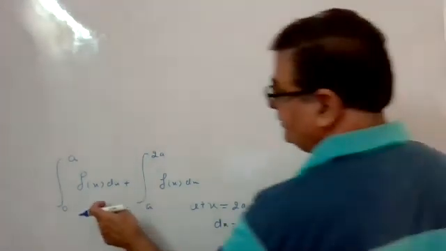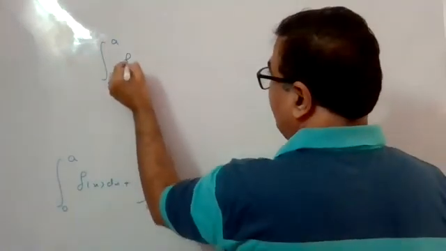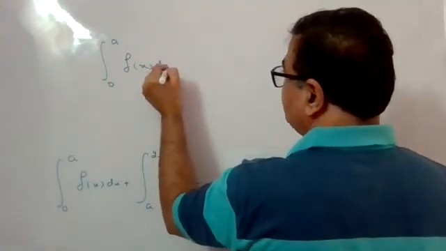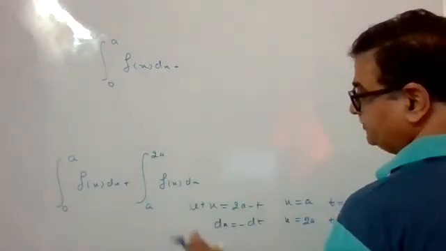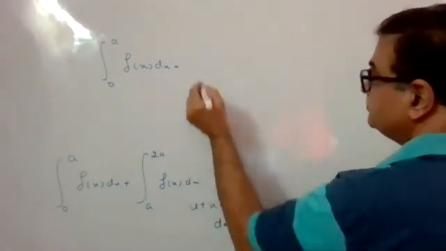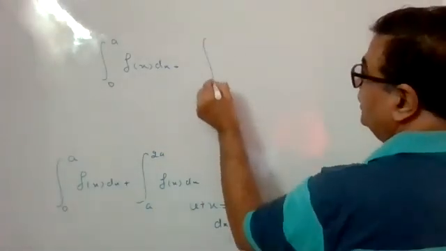So here we will write this question as 0 to a f of x dx plus a to 2a. And what about the limit a to 2a? Now it will become a to 0.